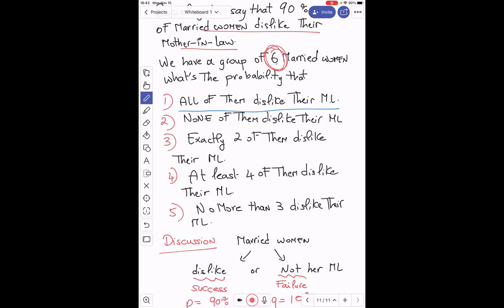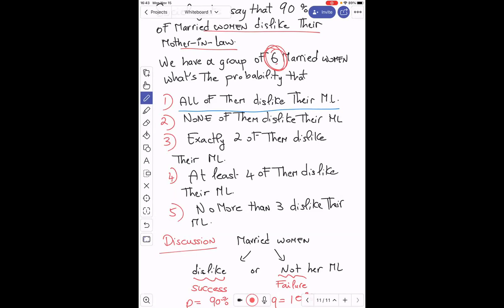Remember, a success is when a married woman dislikes her mother-in-law. So we need all of them to dislike their mother-in-law, so the number of successes here would be 6.